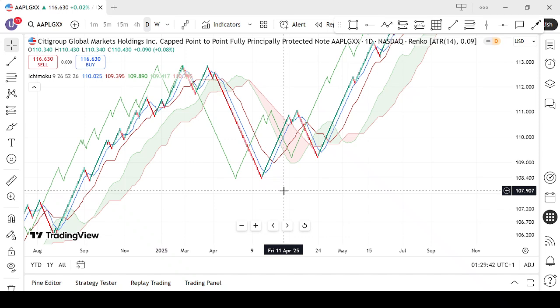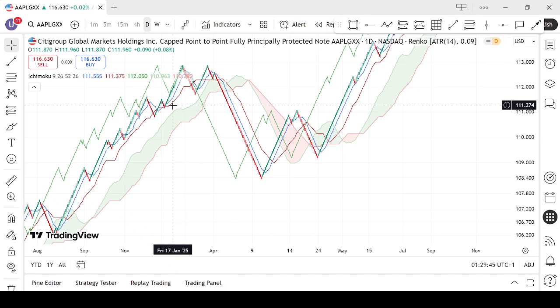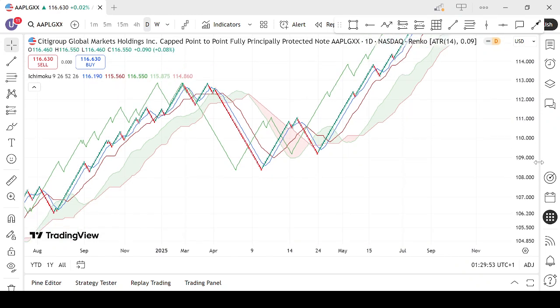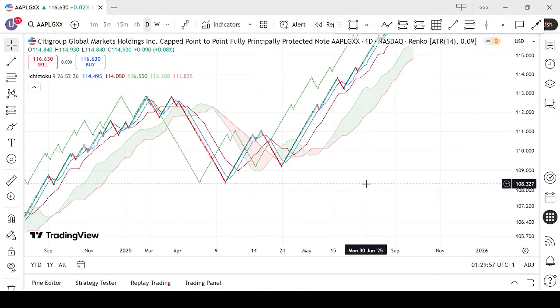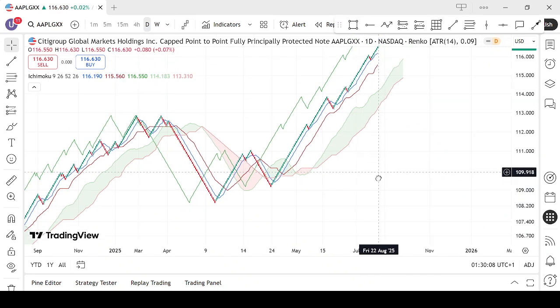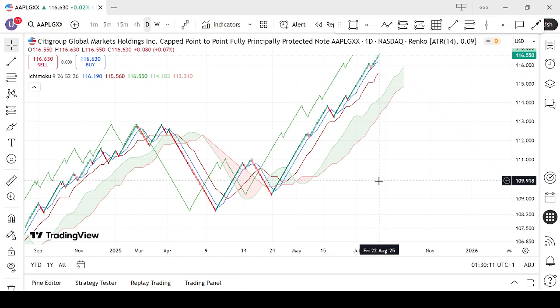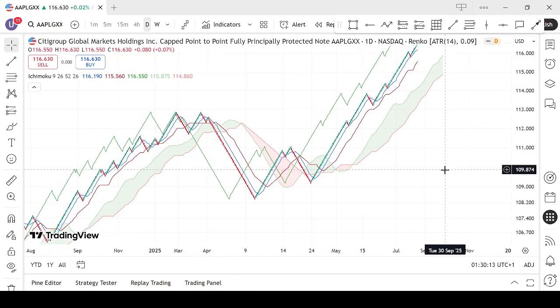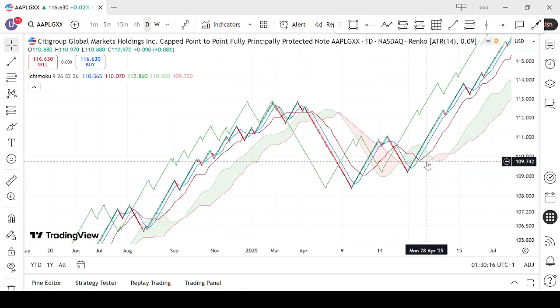It's plotted 26 periods ahead, giving you a forward-looking perspective of potential price levels, while the Chikou span, or the lagging span, plots the current closing price 26 periods back. This unique perspective allows you to compare current price action with historical levels, helping confirm trends and identify potential reversals.